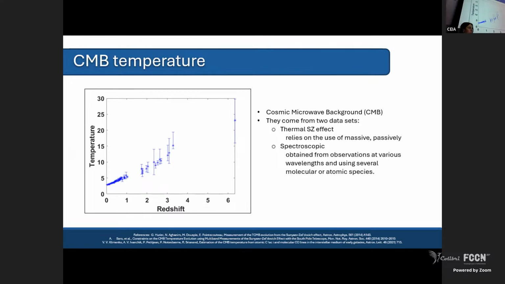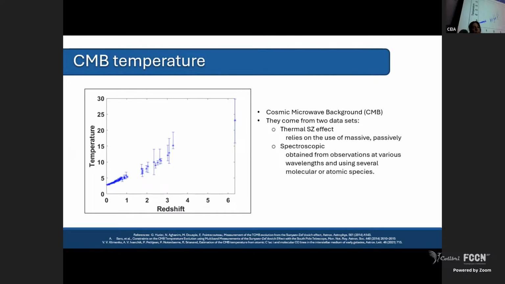I'm not going into much detail here because they are a bit complex, so leave it like that. So now we are seeing how the CMB temperature can constrain models just as well. We're trying to see if they can constrain just as well as supernova and Hubble parameters constrain models.